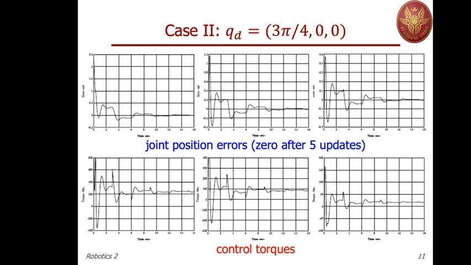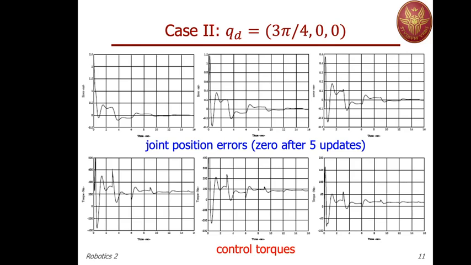You can tell also when the update occurs by looking at the control torque profile, because when you see a discontinuity, this is exactly when we are updating the feedforward term, so the control torque will have a step change. And you can see that there is one iteration, the second iteration around 6 seconds here, 3 seconds the first, 6 seconds the second.